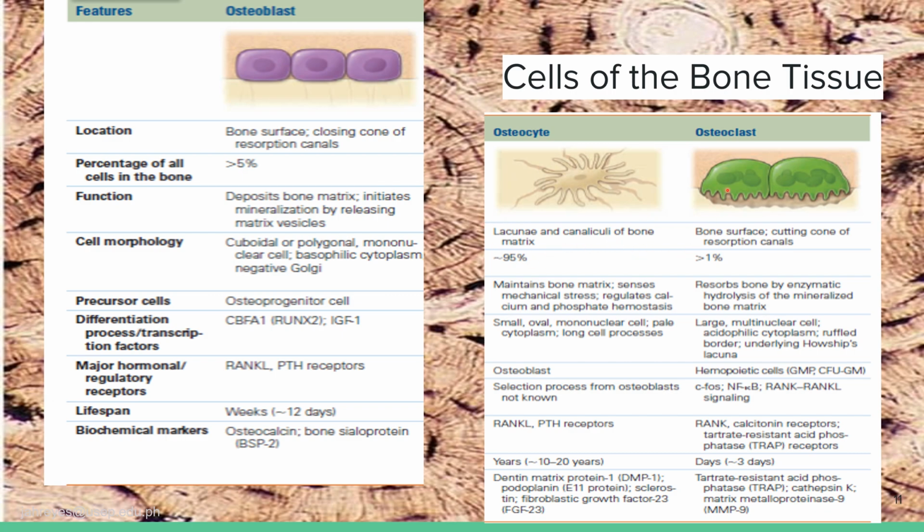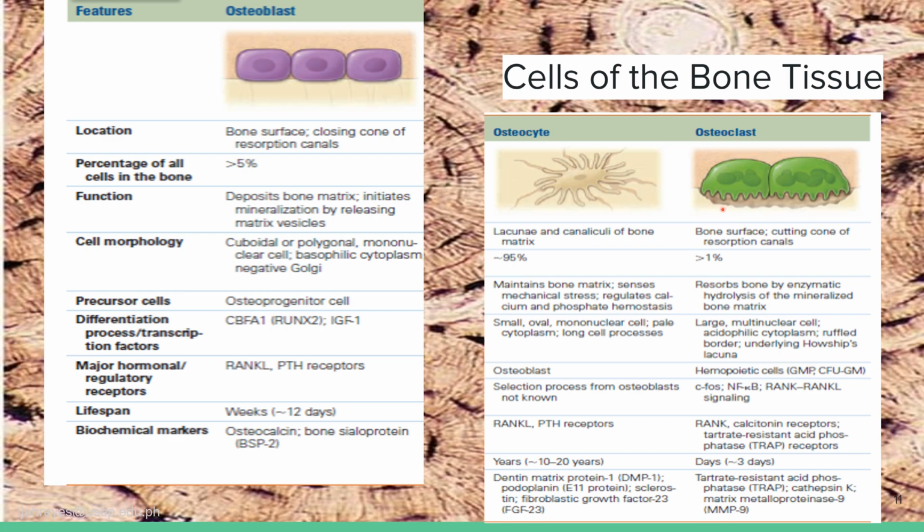And osteoclasts are also found on the bone surface, but instead of closing the cone of resorption canals like the osteoblasts do, they cut the cone of resorption canals.